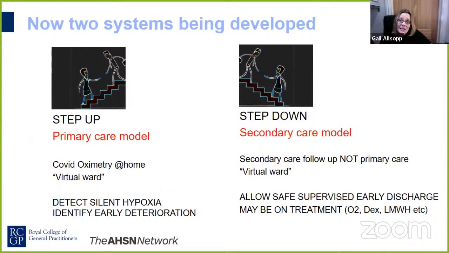They may actually, in this cohort of patients, be on treatment. They may be discharged on oxygen. They may have some of the important drugs that are now being used for acute COVID-19. But you can see very different from the primary care model that we're discussing today. The slight confusion comes because the virtual ward is being used across both of these developments. And it's really important just to make sure you realise, is this the primary care side or the secondary care side?